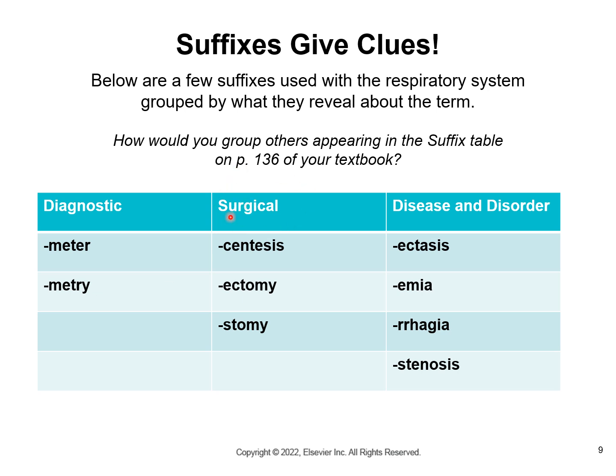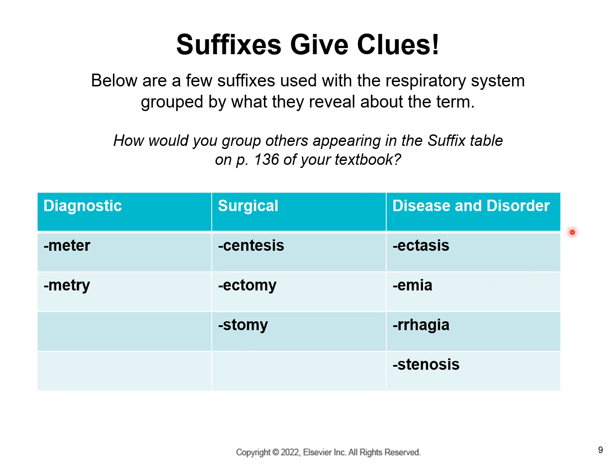Surgical suffixes include centesis, which is a surgical procedure that involves puncturing a body cavity with a hollow needle in order to remove fluid. Ectomy, which is the removal of something. And stomy, which is the creation of an artificial opening.